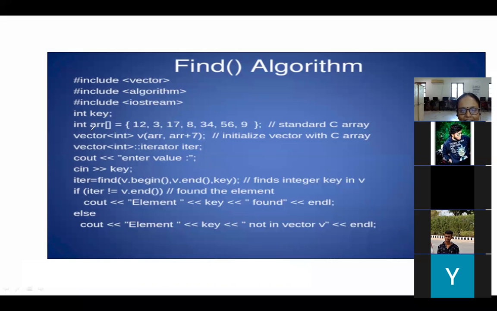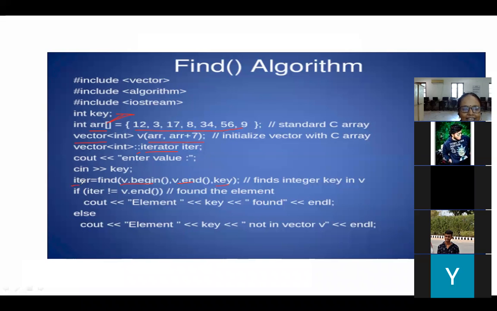I have declared an int key array. You know the size of the array is not declared here, because the compiler itself calculates the size. I have nearly 7 elements in my array, so I have declared my vector. If I use the scope operator, I can access the array elements. That is the difference. Cout enter value, key, b dot begin, b dot end, key.